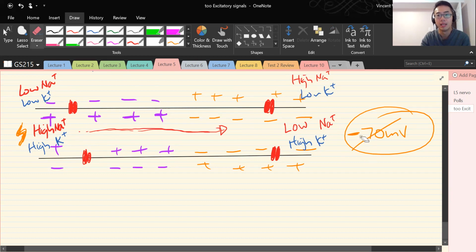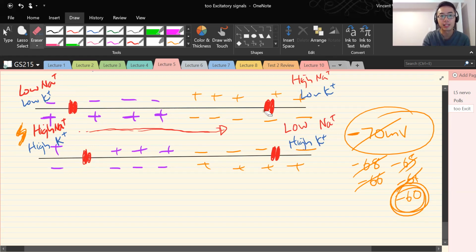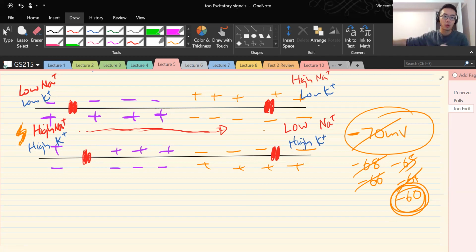So it's going to go from -70 to -68, -66, -65, -61, and then finally -60, right? When it does get to -60, then the sodium channel of this section will now open, and then the sodium will come in for the next section, and then the next section, and then the next section. That's how the signal goes down. Does that make sense?